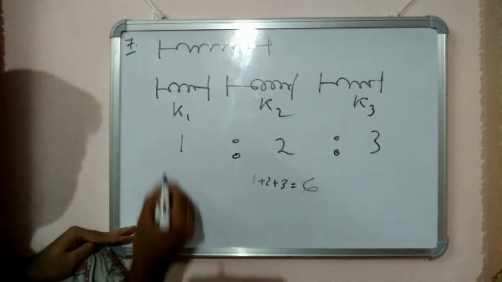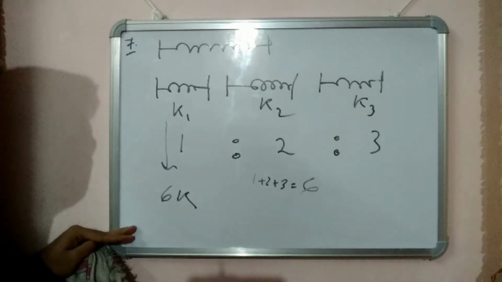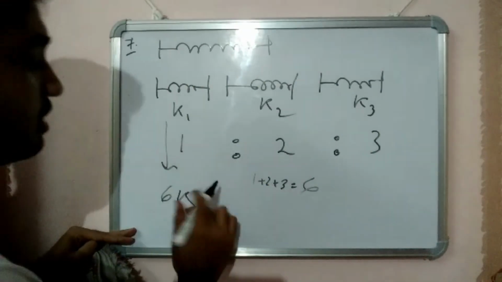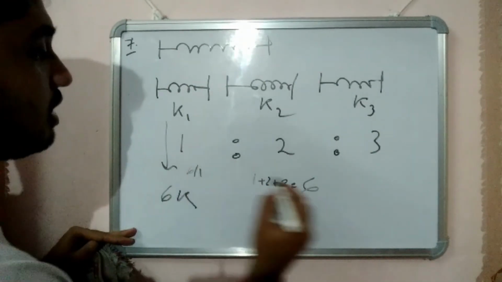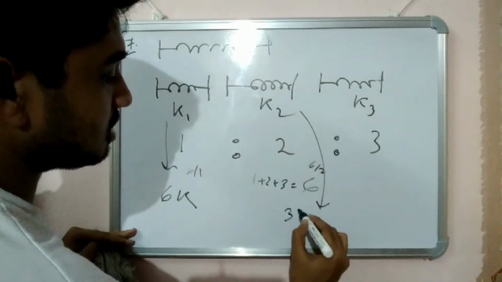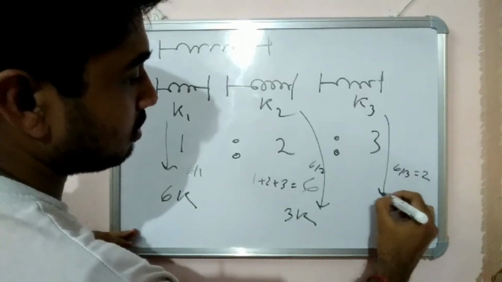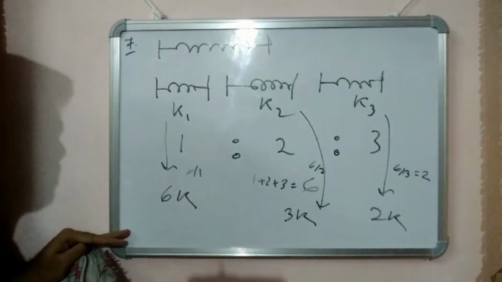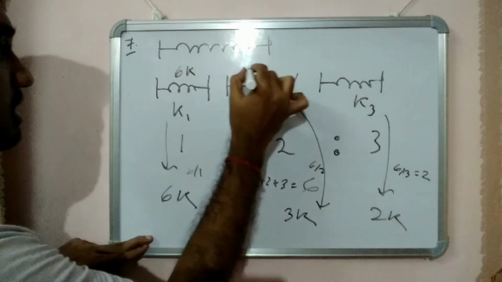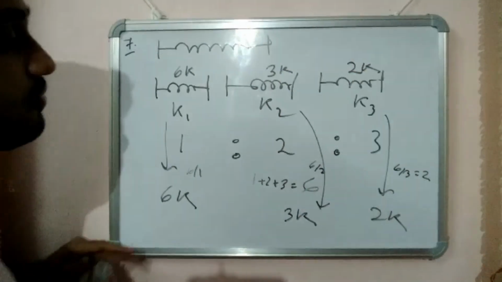So the spring constants will be 6k by 1, that is 6k, 6k by 2, that is 3k, and 6k by 3, that is 2k. So our spring constants become 6k, 3k and 2k.